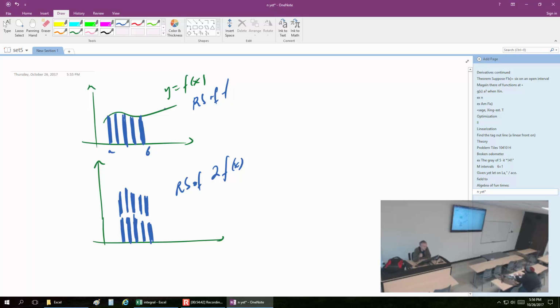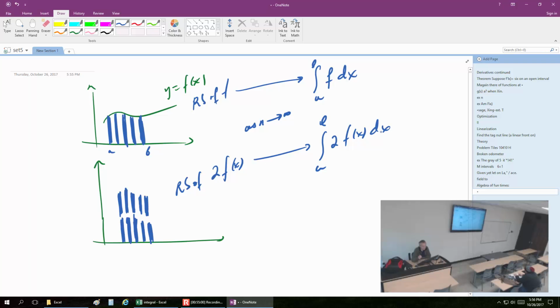Once you see the relation between the two Riemann sums, then what you do is look at where this one goes: towards the integral of f, right? And this one goes, as n goes to infinity, by definition, to the integral of twice f of x. But at the same time, we know that this is twice as big. I took those bars and doubled them and put them on top of it.